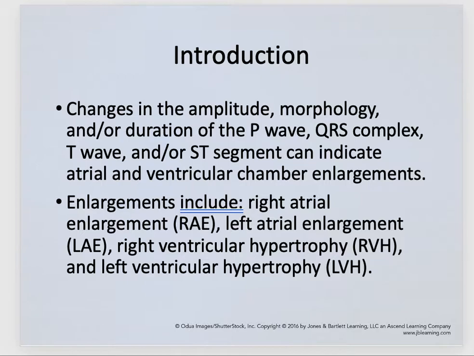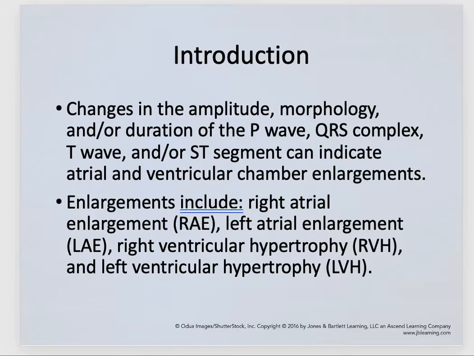So to start with, when you're thinking about enlargement, we are looking at size. So changes in amplitude, so the size of the waves, morphology, which means the shape, and/or the duration of the P, QRS, or ST segment. Any of these can indicate something is going on differently, right?